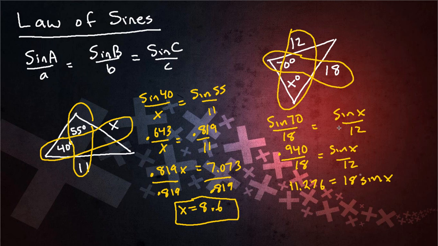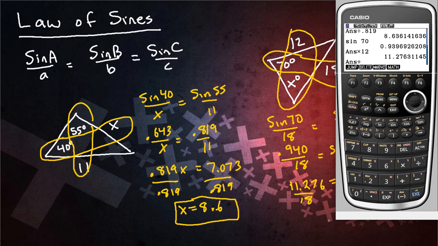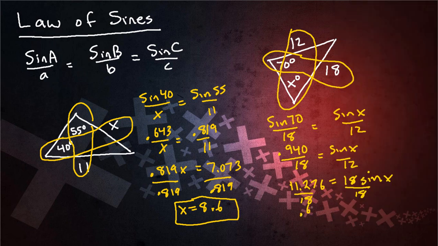Now this sine x is all one thing. I'm going to divide both sides by 18. And I get 0.626 equals sine x.